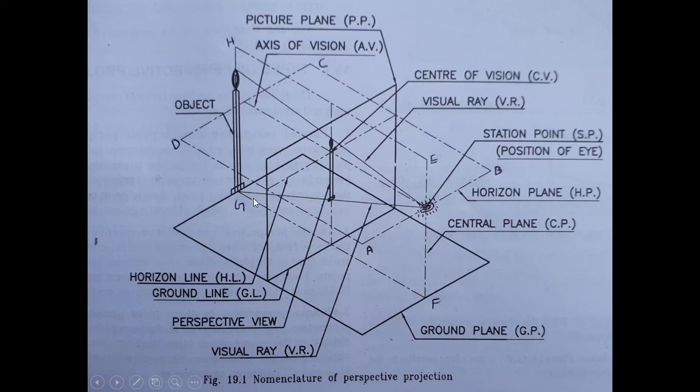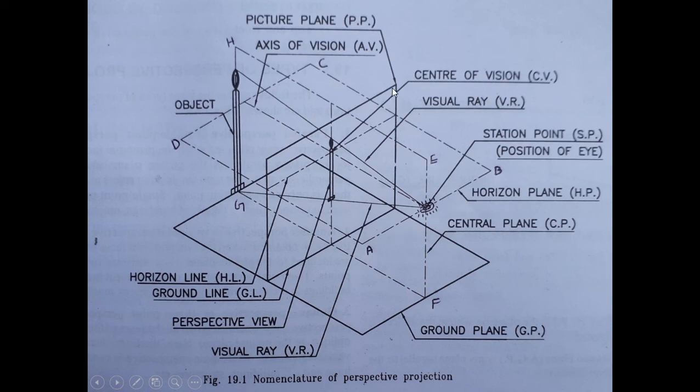So you have the object here, and this is the ground plane. The observer's eye is the station point, and a plane like this, ABCD, is called the horizon plane, from the observer's eye to the horizon. Another plane which is perpendicular to the horizon plane is EFGH. That EFGH plane is called the center plane, and the center plane is perpendicular to the horizon plane.